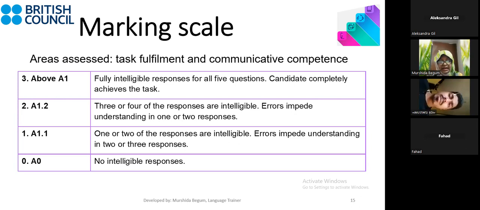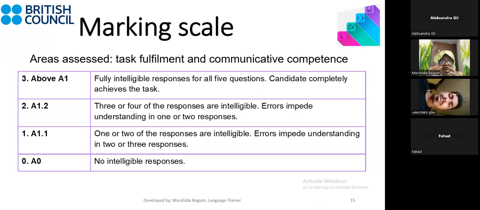And the basic A1.1, where only 1 or 2 of the responses are intelligible and errors impede understanding in 2 or 3 responses. So the marking scale is very defined for the writing, and A0, that is, none of the responses, you can't understand any of those responses.